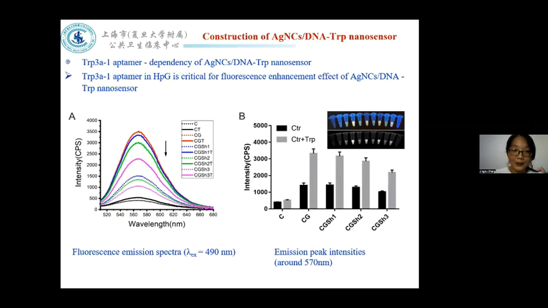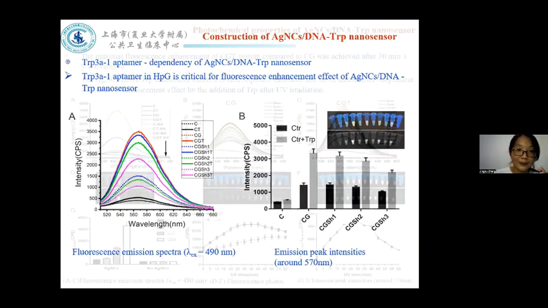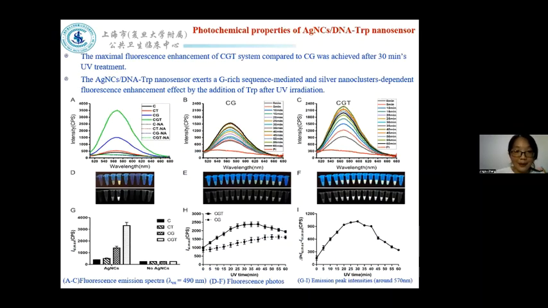Therefore, the full length of tryptophan aptamer in hairpin G is critical for the fluorescence enhancement effect of our nanosensor.